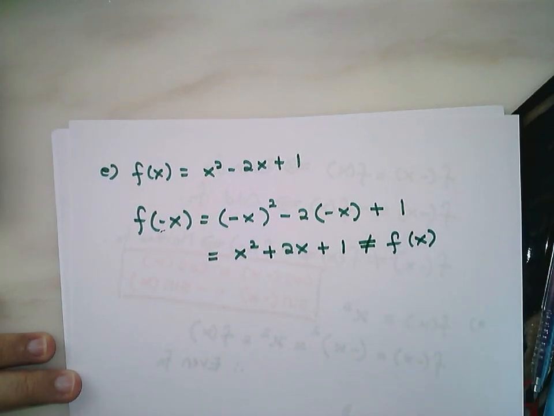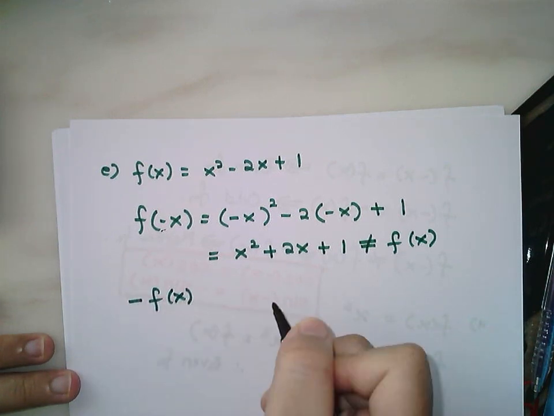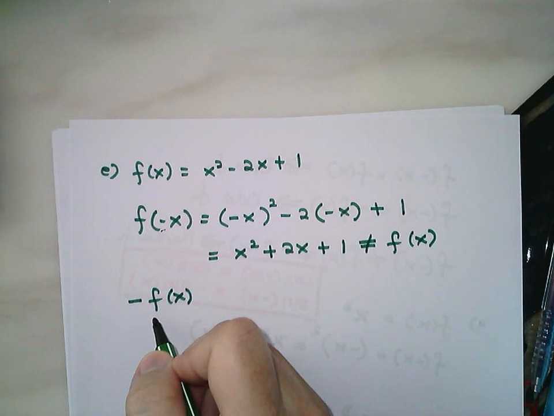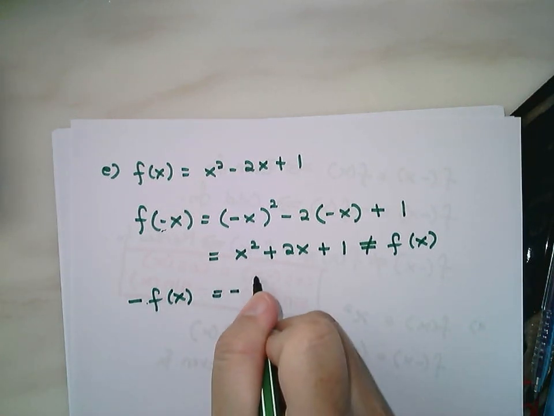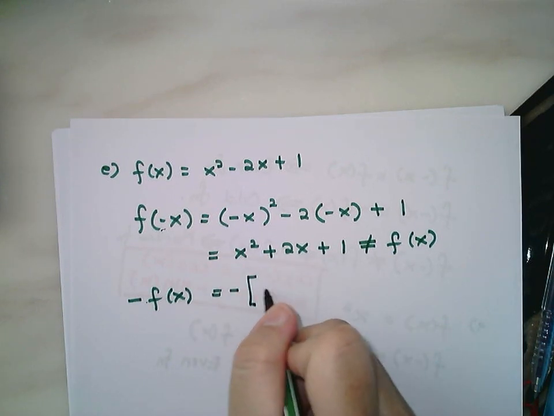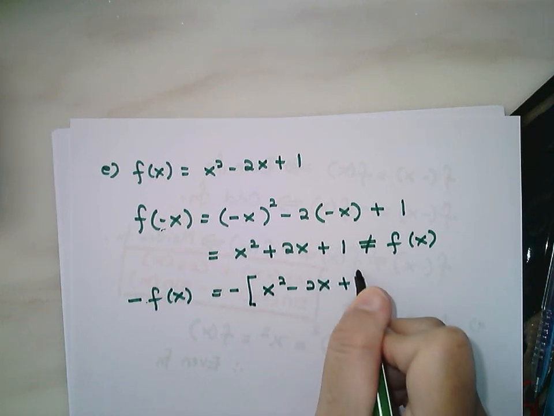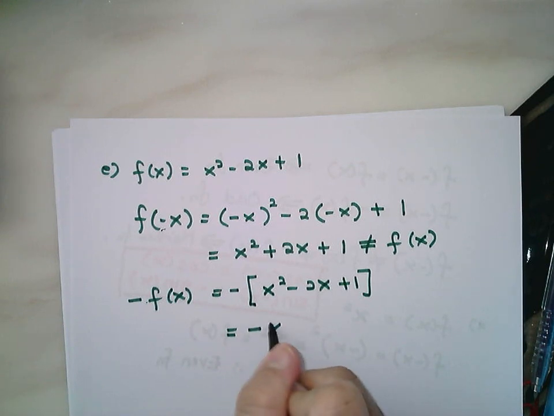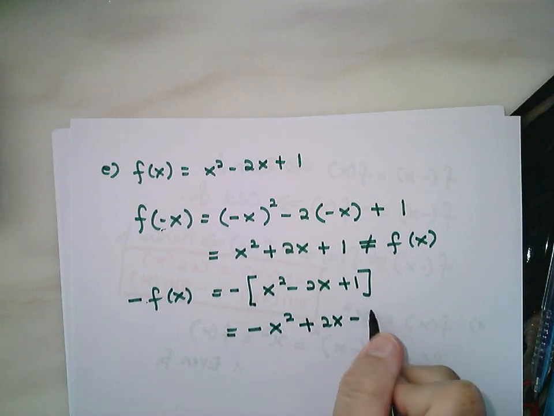Okay, so now you need to find your negative of f(x), because if this function is equal to this one, then the function is an odd function. So you need to check first. So now you have negative f(x). So what is your f(x)? f(x) is equal to x squared minus 2x plus 1. So if you expand this one, it is equal to negative x squared, minus minus, you will have plus 2x minus 1.